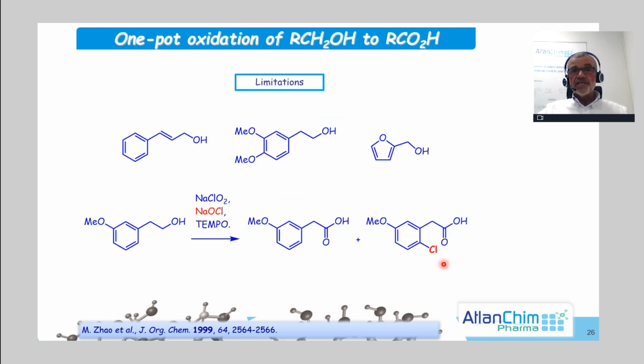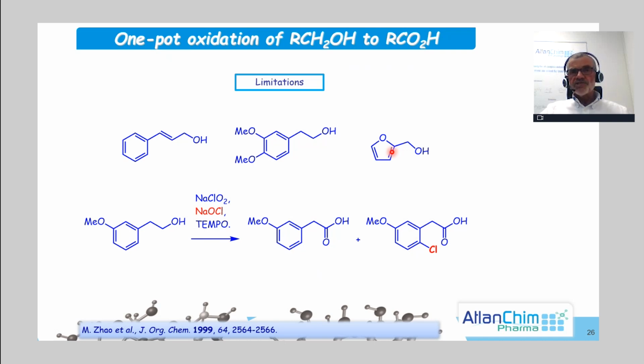This procedure is not applicable to allylic alcohols and substrates with electron-rich aromatic groups, as well as compounds containing furan, as we will see in the last section of this webinar.